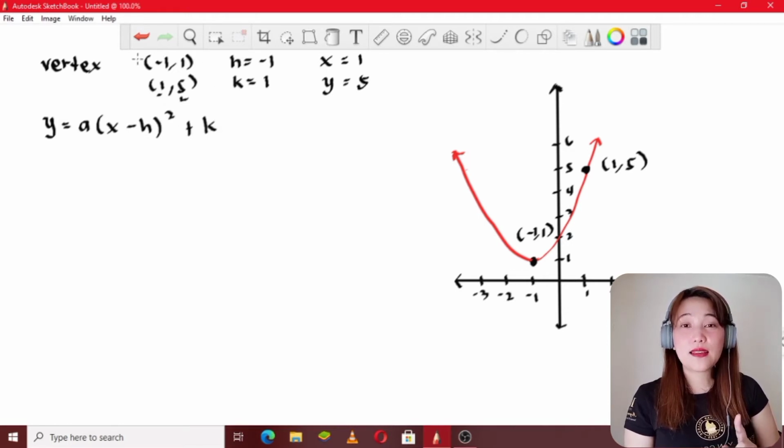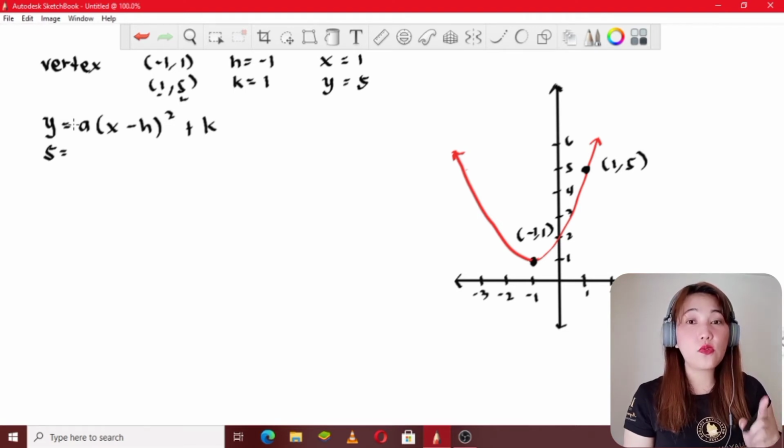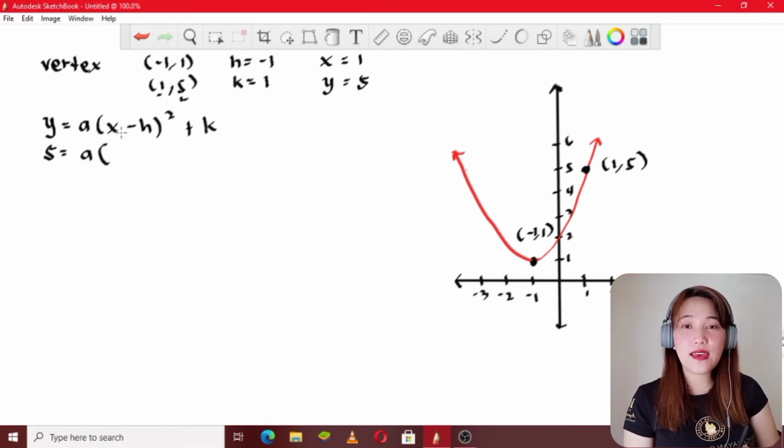Now, let us identify the values of h, k, x, and y dito sa vertex form ng ating quadratic function. So, we're going to have here y is 5. So, we will write 5 equals, wala tayong value ng a, and that is actually what we are going to solve here. So, just copy a times x.